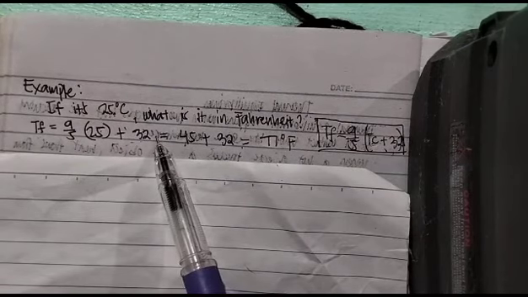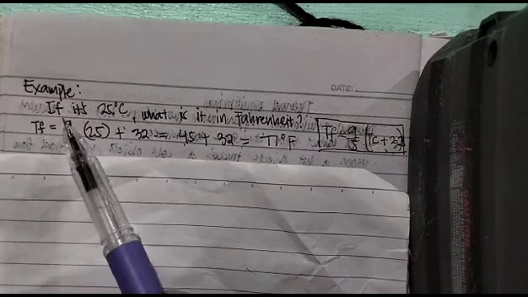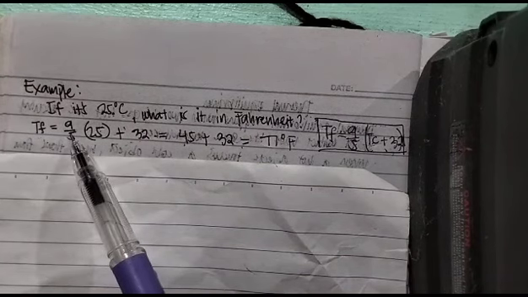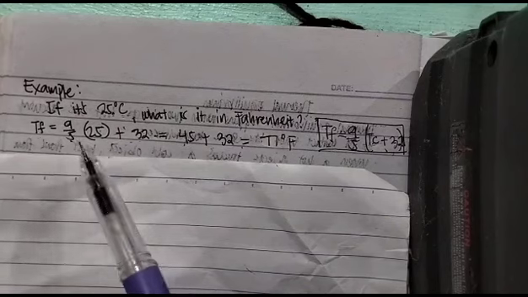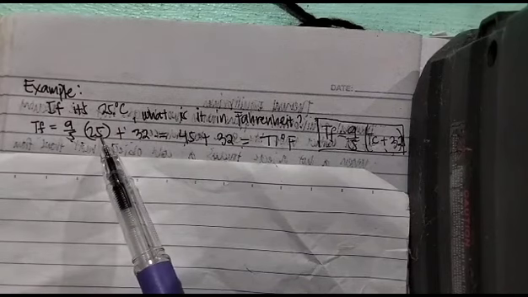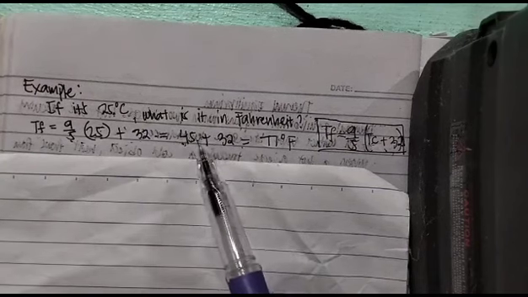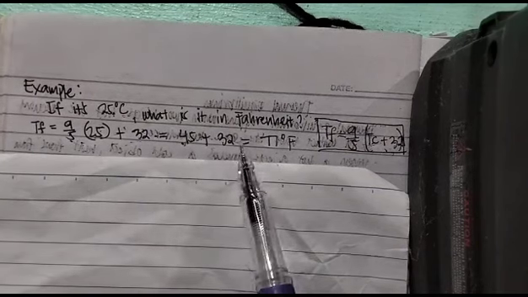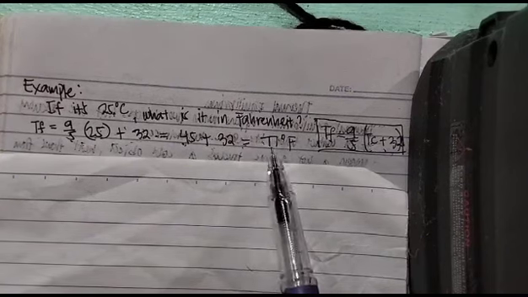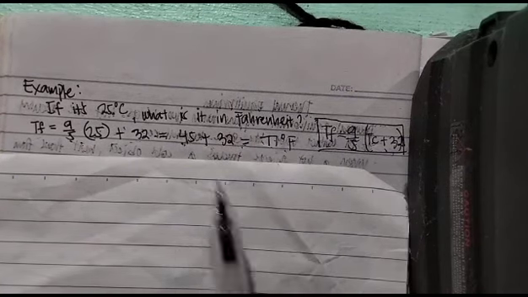Then we divide 9 over 5, which equals 1.8, times 25 equals 45, plus 32. Then the final answer is 77 degrees Fahrenheit.